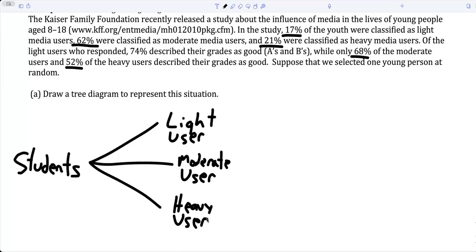So, what are these probabilities? Light user is 0.17. Moderate, 0.62. And heavy, 0.21. Okay, so we have two different possibilities for each one of these.